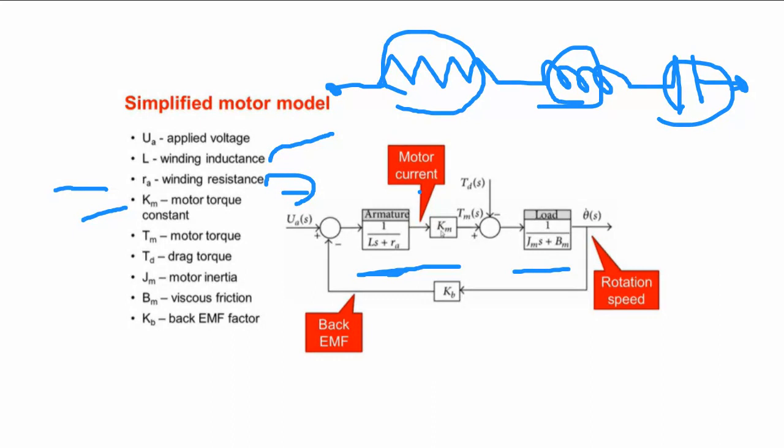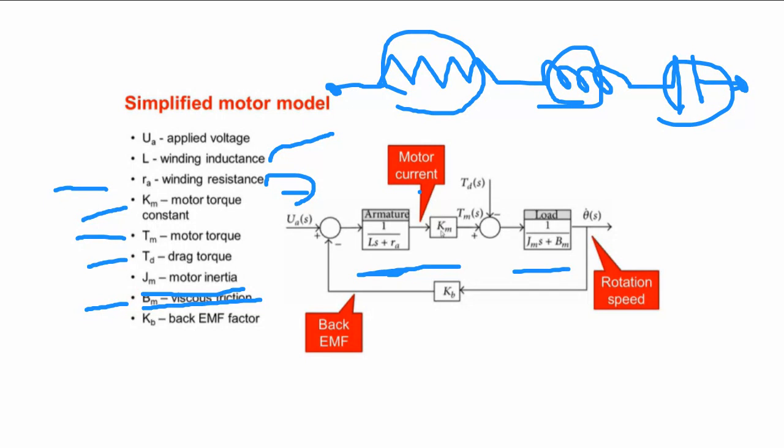So the motor torque will then become a mechanical rotation, the speed, and this will turn into acceleration. It depends on a couple of things. One is the friction. We have a friction parameter, viscous friction, Bm. And motor inertia. This is motor torque. Drag torque is actually load torque.